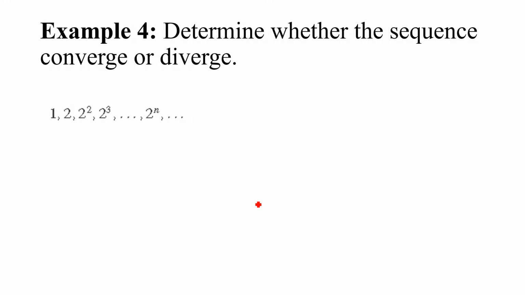Now let's have another example. Okay, so you have 1, 2, 2 squared, 2 cubed, and so on, with the general term 2 raised to n. Again, if we substitute n by x, then we have another power function, f of x equals 2 raised to x.